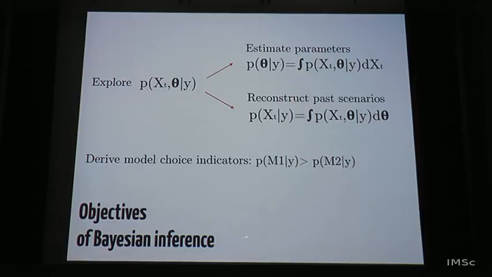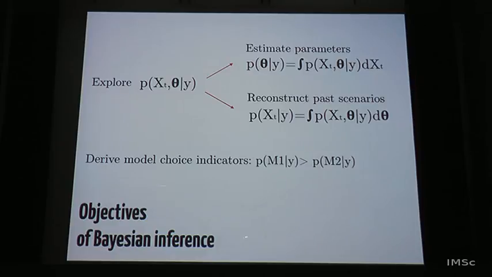So usually we'll be interested in trying to understand what actually happened or what actually were the parameters. And so you marginalize either by integrating over all the trajectories to get the parameters, or by integrating over the posterior distribution of the parameters to get the marginalized distribution of the trajectories.